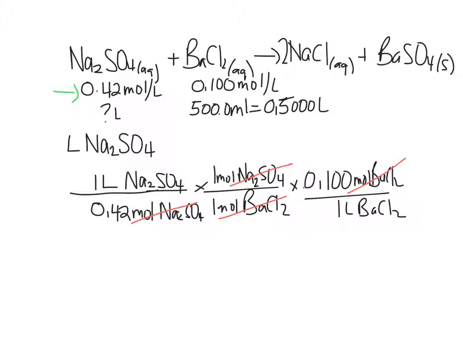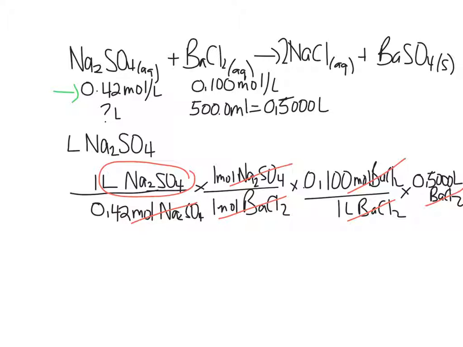So moles of barium chloride are gone, which leaves liters. So we need to get rid of liters of barium chloride, and we happen to have half a liter of barium chloride. So now the only units that are left are liters of sodium sulfate.